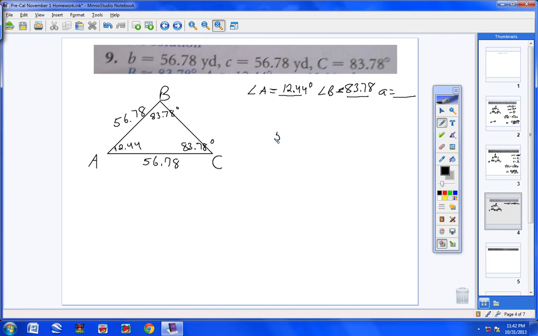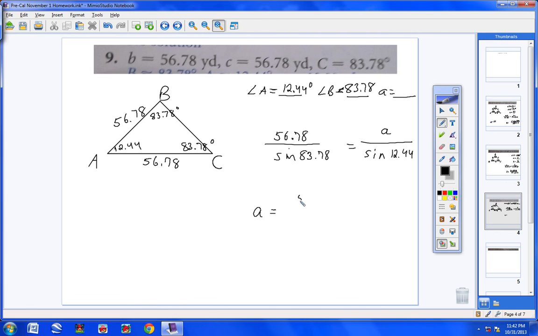So we're going to say 56.78 over the sine of 83.78 equals, we're looking for side A, and that's all over the sine of angle A, which is sine of 12.44. Now, if I cross multiplied and then divided, I would get this.